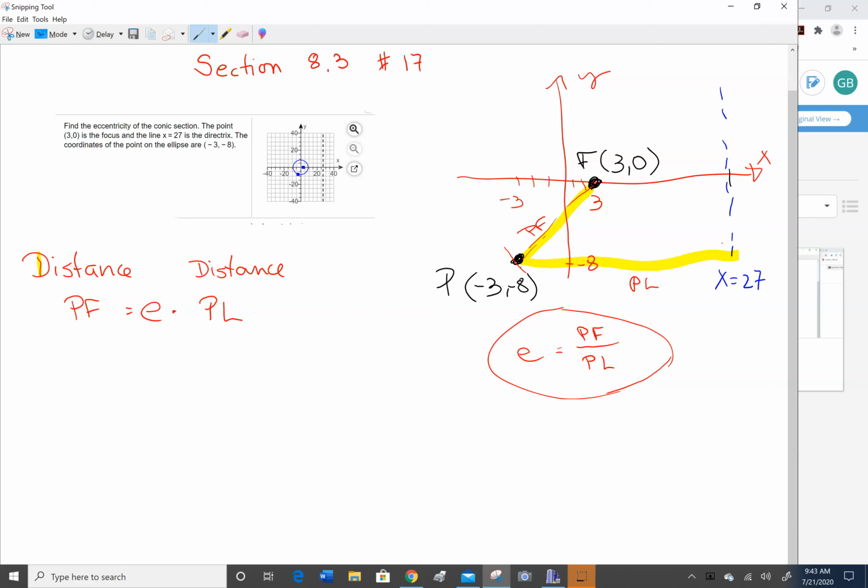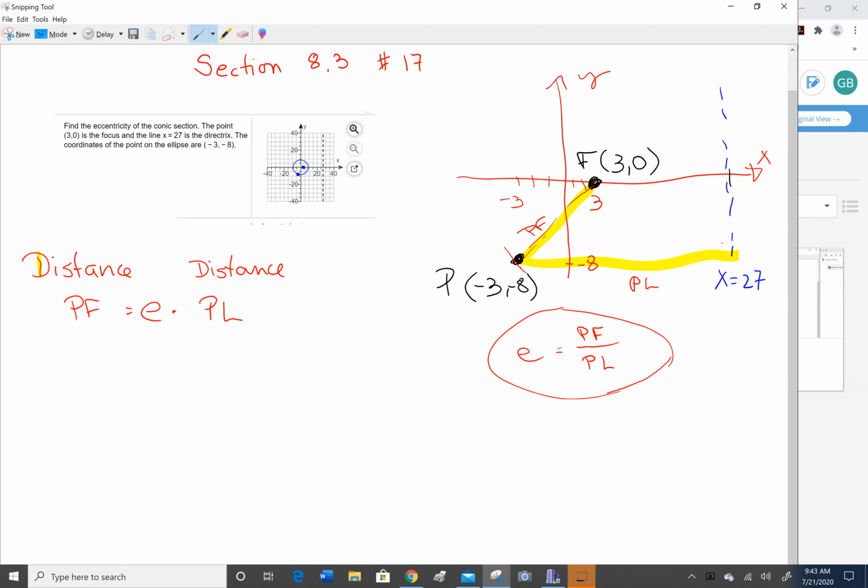Now, what the eccentricity really tells you is the roundness. It measures the roundness of the ellipse. The eccentricity for a circle, for example, is 0 because it's perfectly round. The eccentricity for hyperbolas and ellipses is not 0.